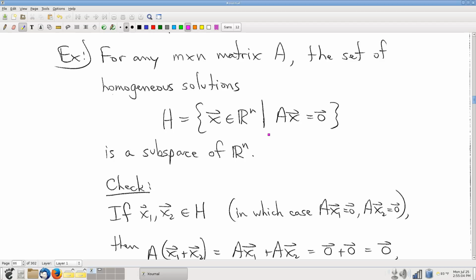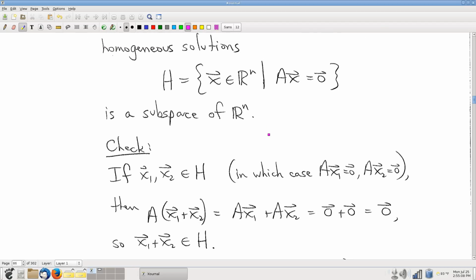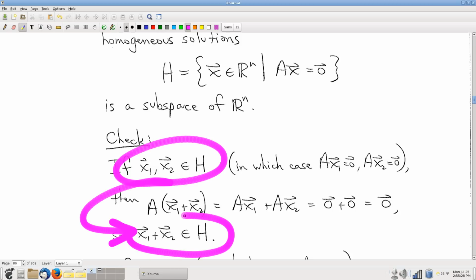So, again, 2 requirements. Step 1, need to show that it's closed under addition. Now you'll notice I've been a little bit more compact in how I've written this down now that you've seen a few examples of how these look. I'm going to write the arguments a little bit more compactly. So we're going to start by assuming that x1 and x2 are in this set, and then we're going to show that their sum is in this set.